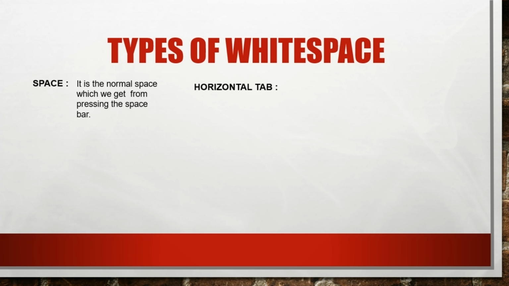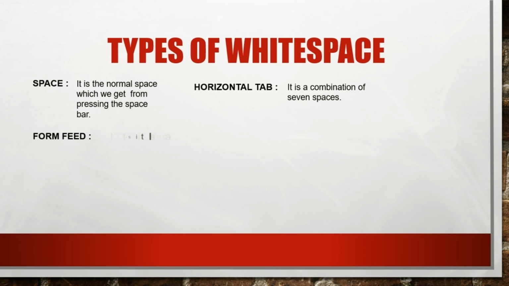Then we have horizontal tab. It is a combination of 7 spaces. You may also find it on the left side of your keyboard. It appears as the big brother of normal space, but now you get to know its precise definition, that is combination of 7 spaces.